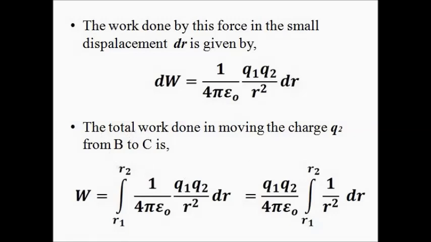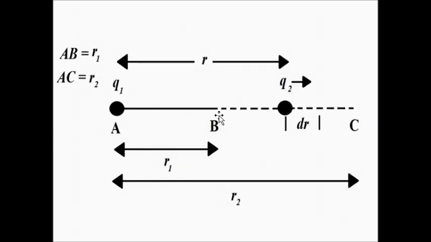Now we are particularly interested in the amount of work done to move this movable charge Q2 from B to C. As Q2 moves from B to C, how much work is being done on it?